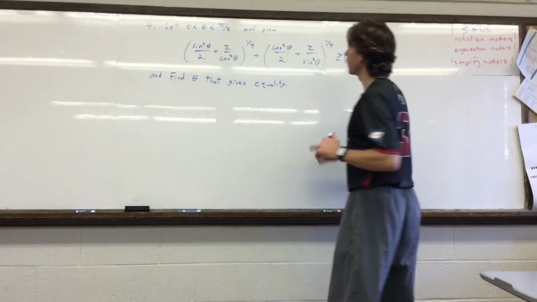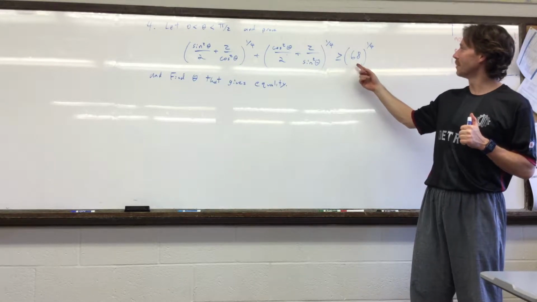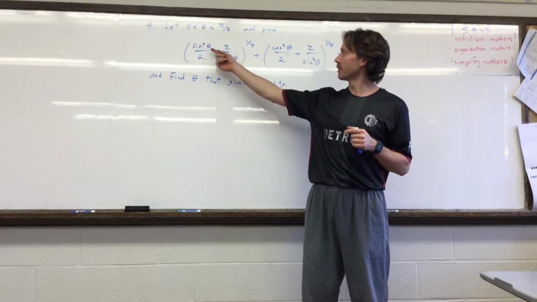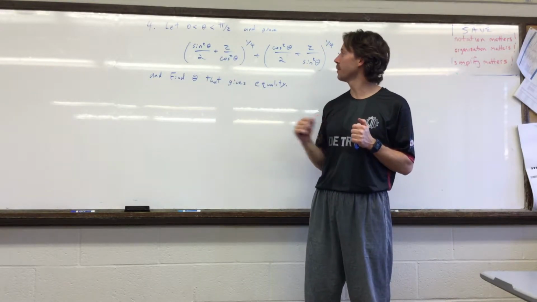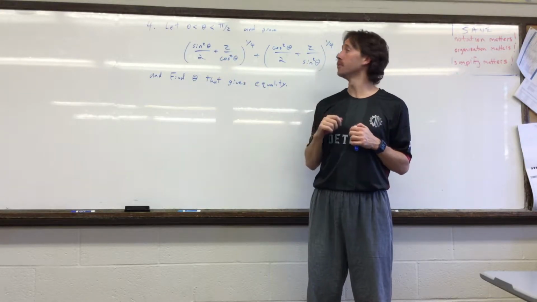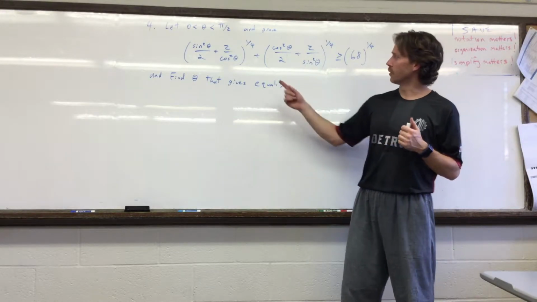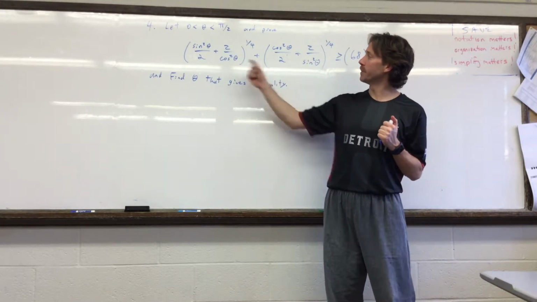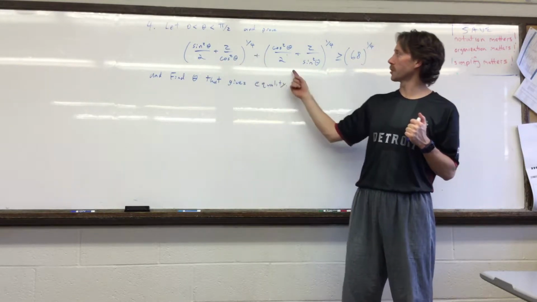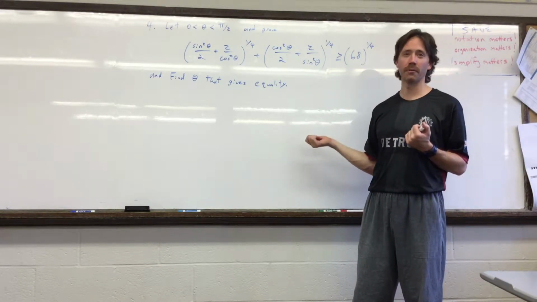Before we do that, this number looks a little bit bizarre, but let's think about whether it's plausible first. We know that both sine and cosine are between 0 and 1, so no matter what, this term is at least 2, and the same for this one. So an easy bound is that this expression is bigger than 2 to the 1/4 plus 2 to the 1/4, which is 2 times 2 to the 1/4.